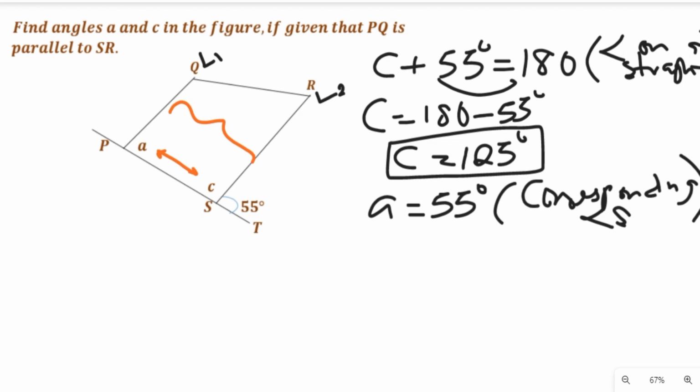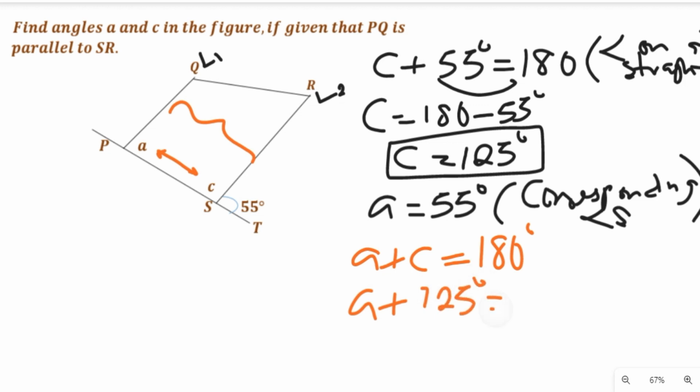According to geometry, interior opposite angles sum up to give 180 degrees. So that tells us that A plus angle C is equal to 180 degrees. We already know what angle C is. So A plus angle C, 125 degrees, is equal to 180 degrees.